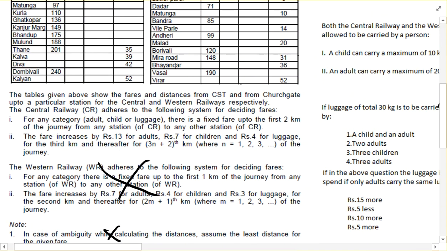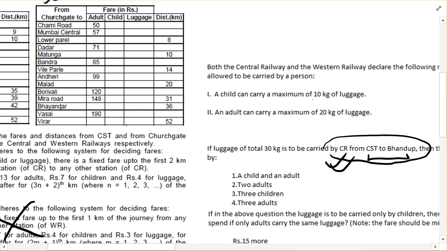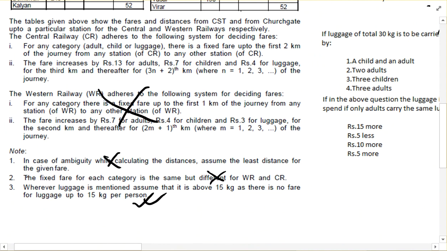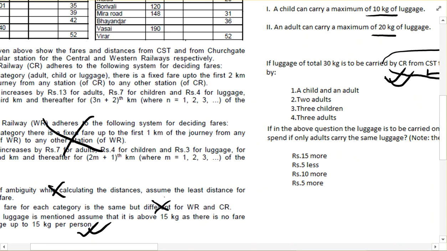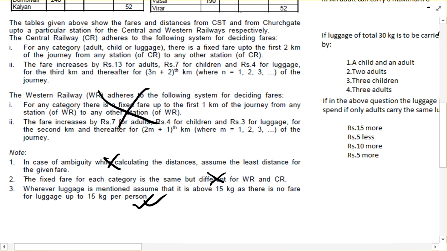A child can carry a maximum of 10 kg of luggage. An adult can carry a maximum of 20 kg of luggage. Wherever luggage is mentioned, assume that it is above 15 kg, as there is no fare for luggage up to 15 kg per person. One thing we see, as far as we have read the passage, is that there is no per kg charge for the luggage.